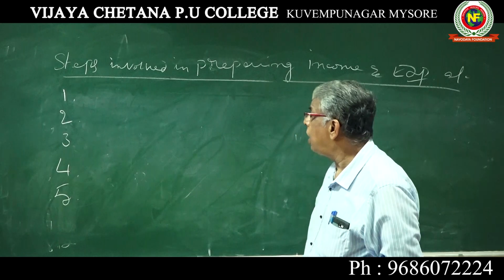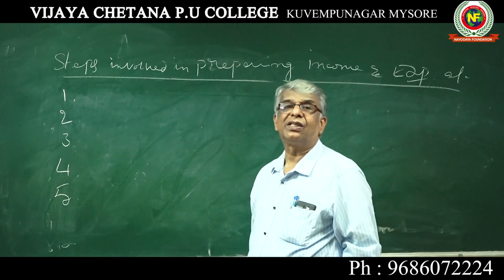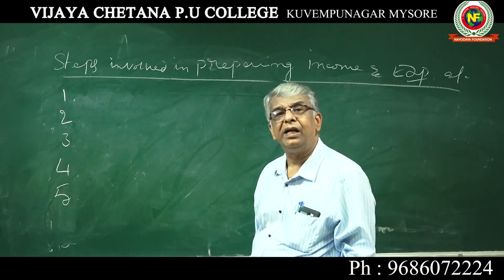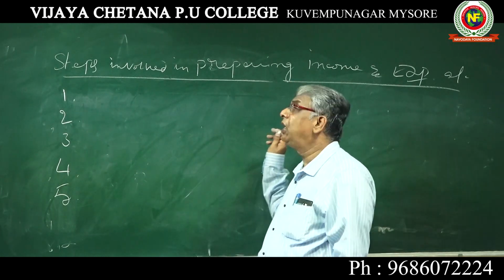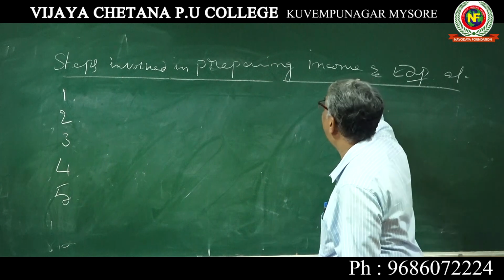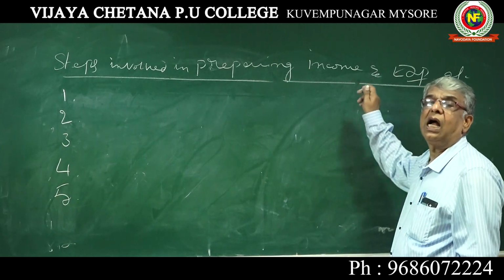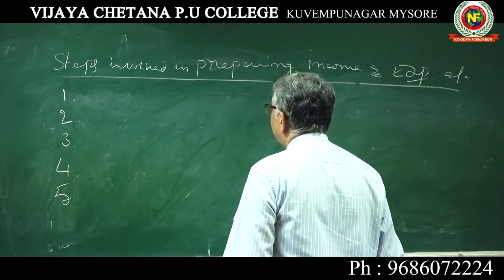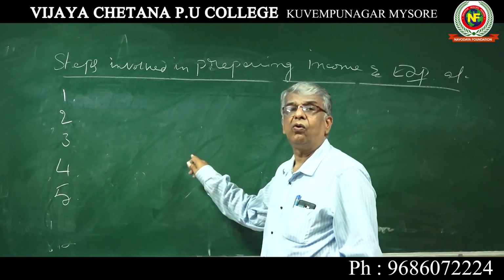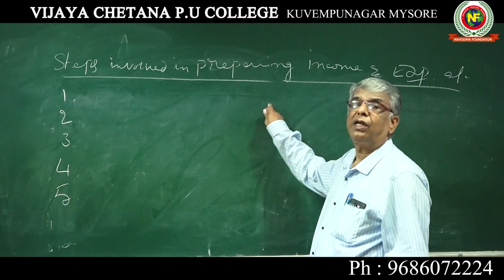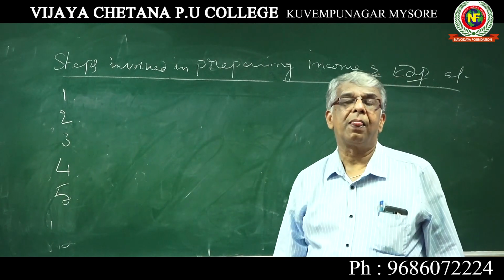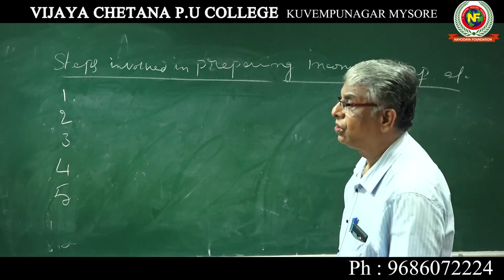Likewise, outstanding liabilities or outstanding expenses, expenditure incurred but not paid, have to be taken into account in income and expenditure account. So, these are the important steps that we have to follow while converting the receipts and payments account into income and expenditure account.